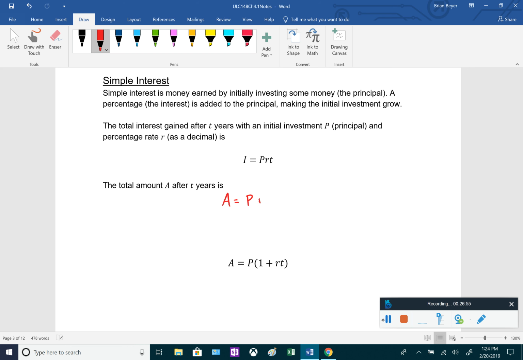If we plug that in the calculator, that's going to be $6,863.93. So once again, you can probably see that this is getting a little bit larger, but it's getting larger at a slower rate.